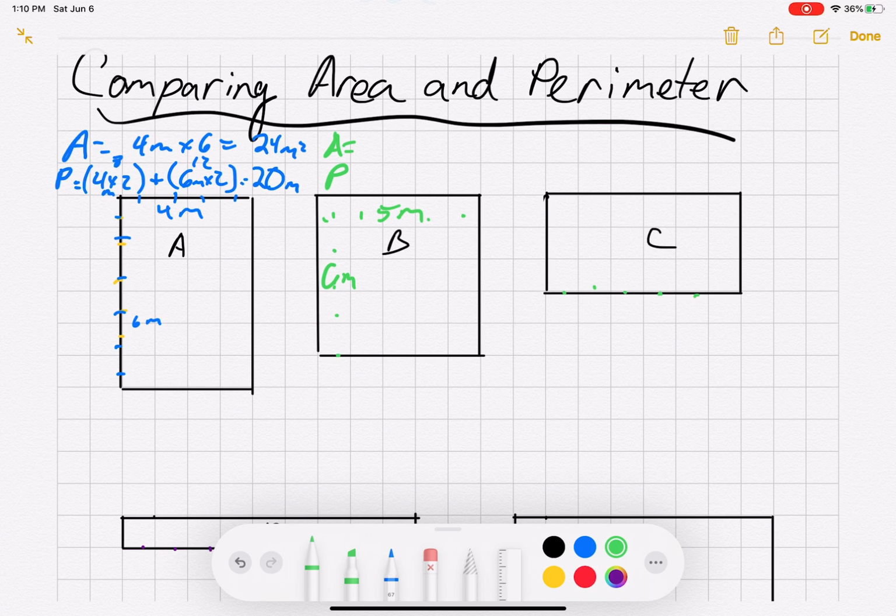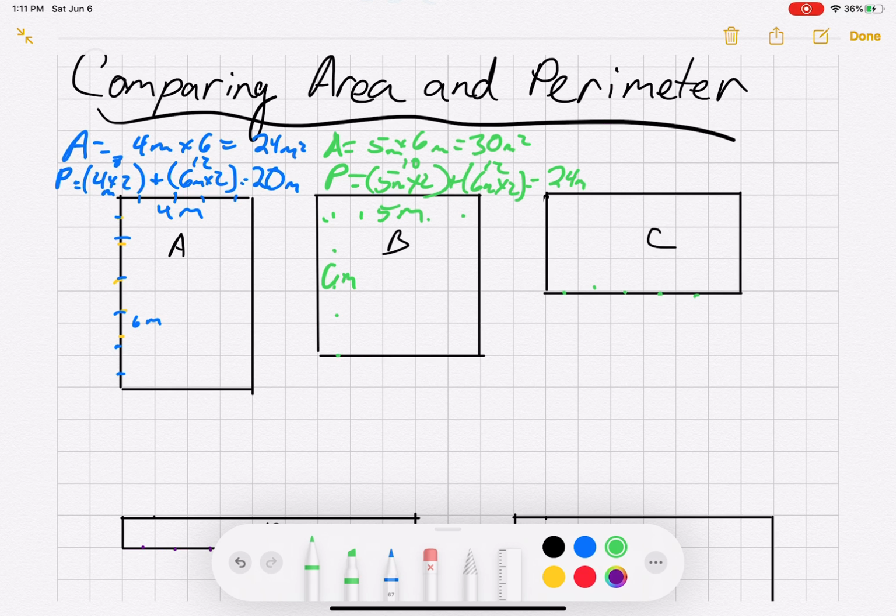Okay, so it's 5 times 6, and that's going to equal 30 meters squared. The perimeter, it's 5 meters times 2, which is 10, right? Plus 6 meters times 2, which is 12. And then I'm going to add those together, which is 24 meters.